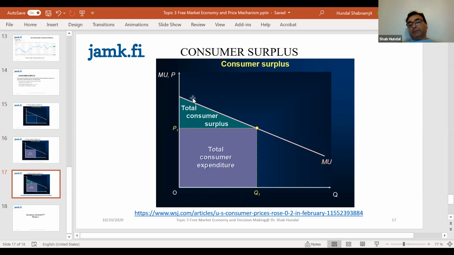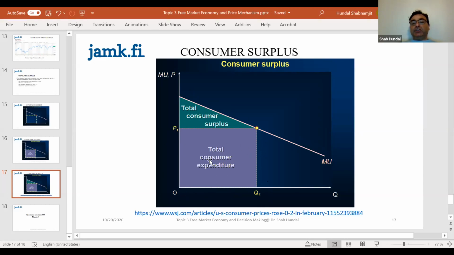You are prepared. But when you see that the price of one shirt is 50 euros, which is below this maximum point, then your total expenditure, meaning the price which you actually pay, is 50 euros multiplied by 5.